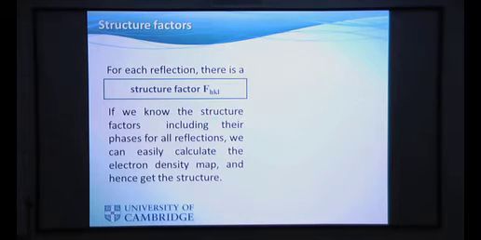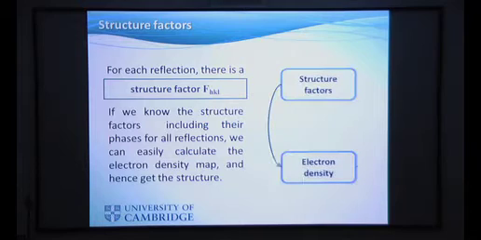If we know the structure factors, including their phases, for all reflections in a data set, we can easily calculate the electron density map and hence get the structure. Problem solved. Between the structure factors and the electron density, Fourier synthesis and Fourier transformation transfer.